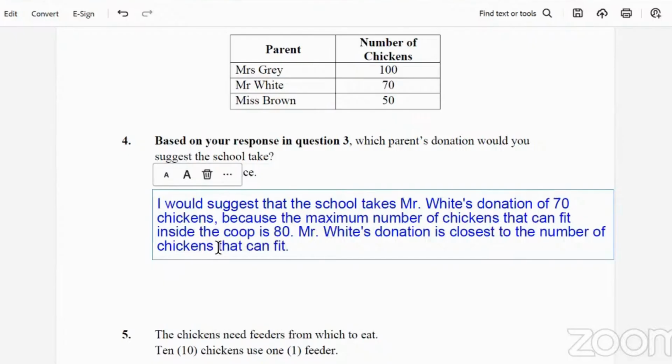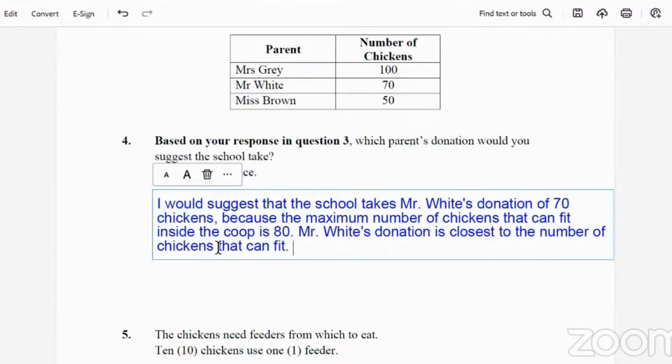I hope I'm not repeating myself. I would suggest that the school takes Mr. White's donation of 70 chickens because the maximum number of chickens that can fit inside the coop is 80. Mr. White's donation is closest to the number of chickens that can fit.